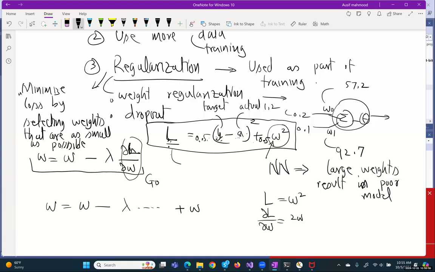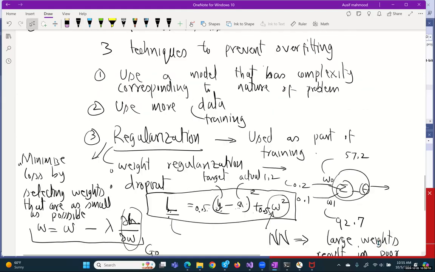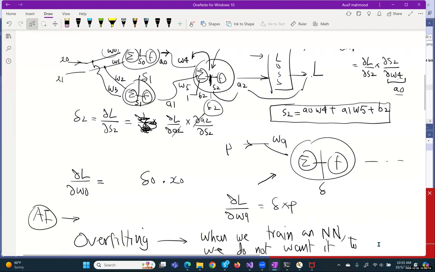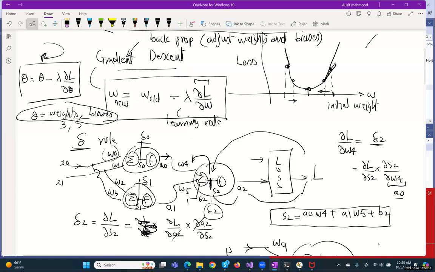So what I'm trying to say is, let's go to one of our examples that we did earlier. Let's take a look at, for example, our training loop, where we were updating W4.